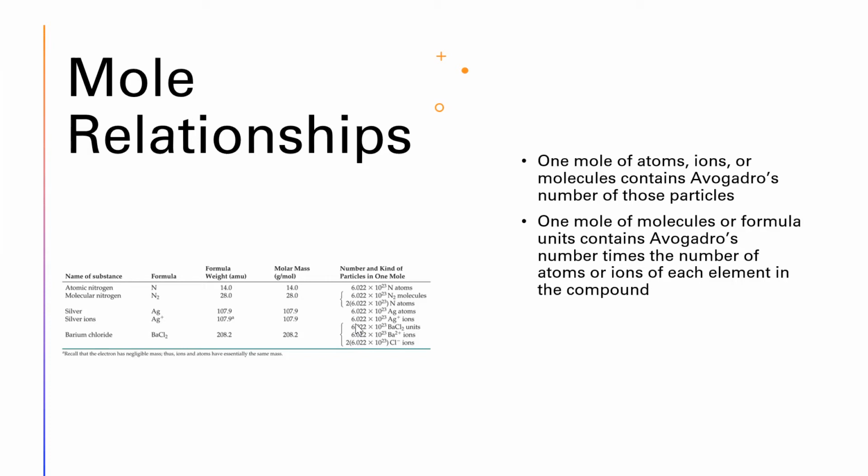It consists of 6.022 multiplied by 10 to 23 BaCl2 units, or 6.022 multiplied by 10 to 23 Ba2+ ions and 2 multiplied by 6.022 multiplied by 10 to 23 chloride ions.